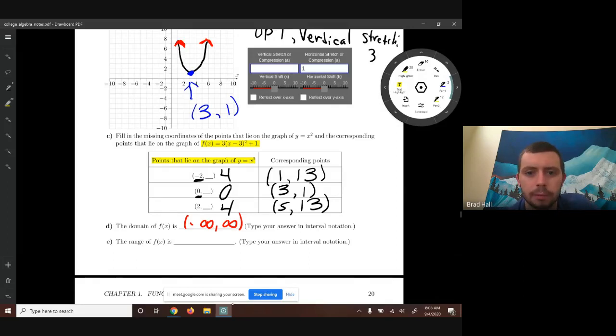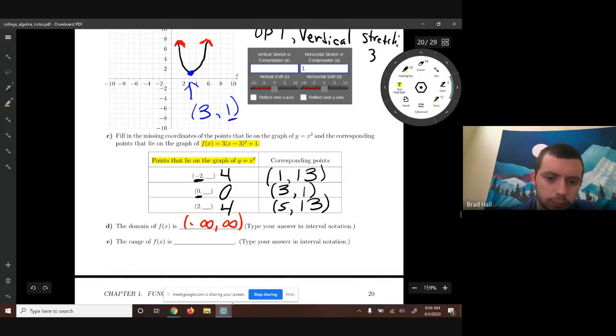So we're going to pick the 1. And we're going to use a bracket because that 1 is assumed to be a part of the graph. There's no open circle there. And additionally, that's the lowest point. So the highest point, we get positive infinity. And so that would conclude the process for this problem.